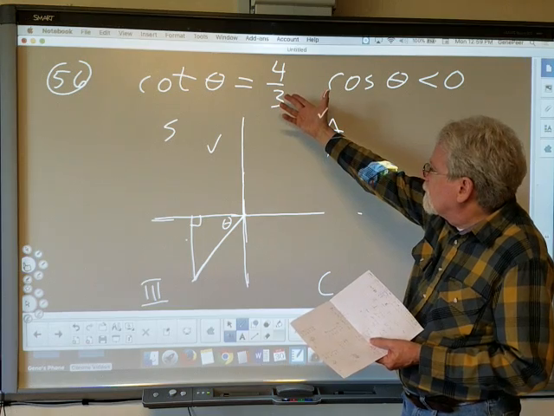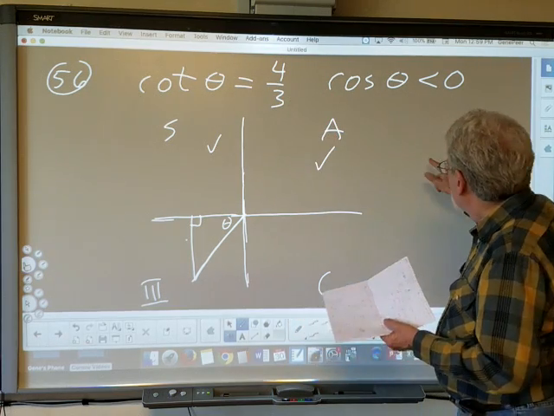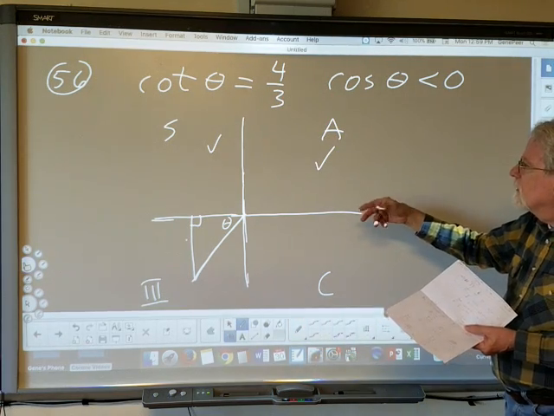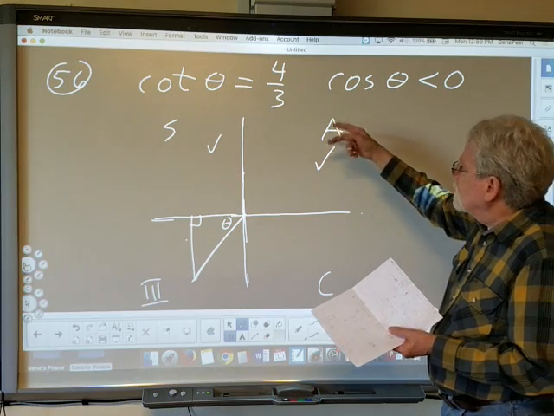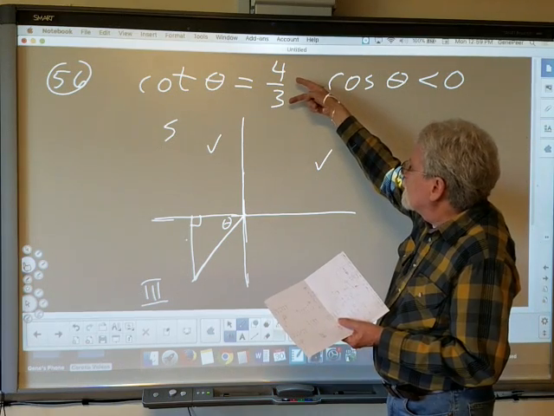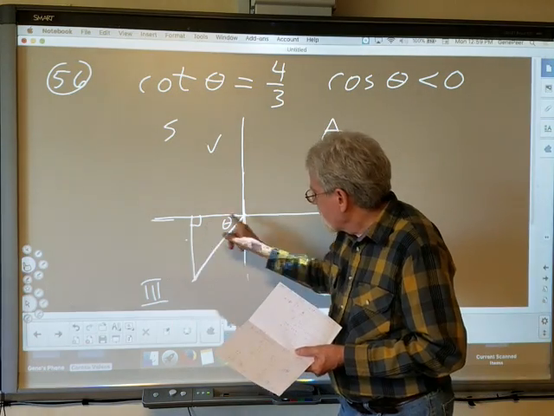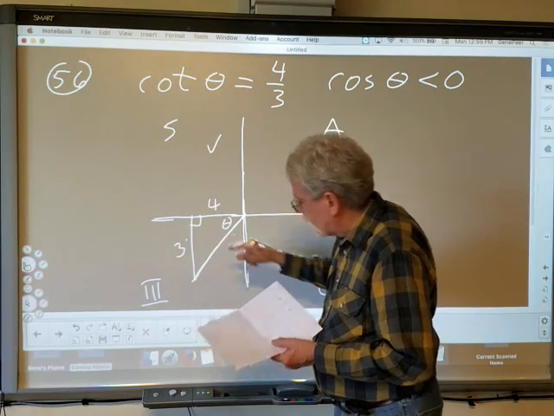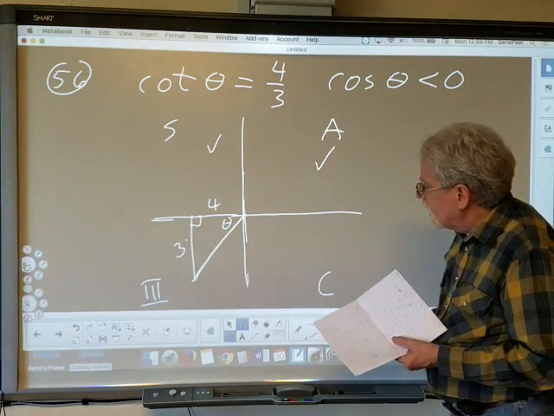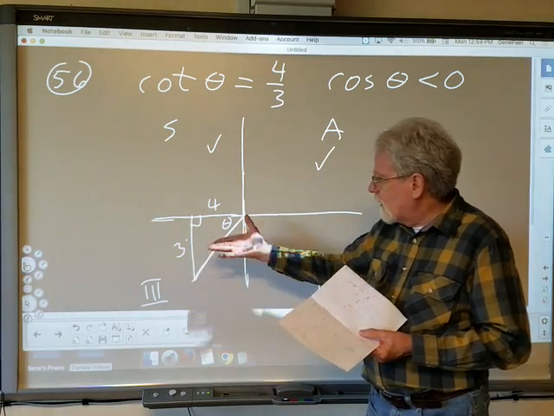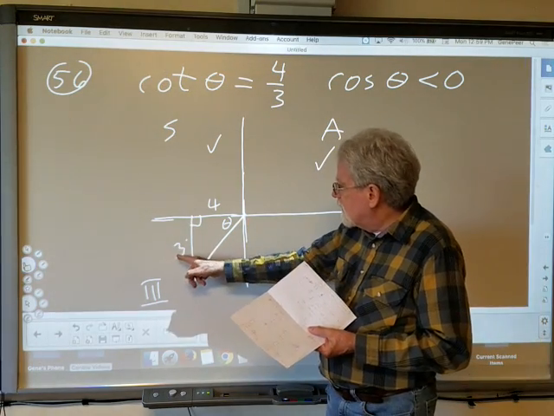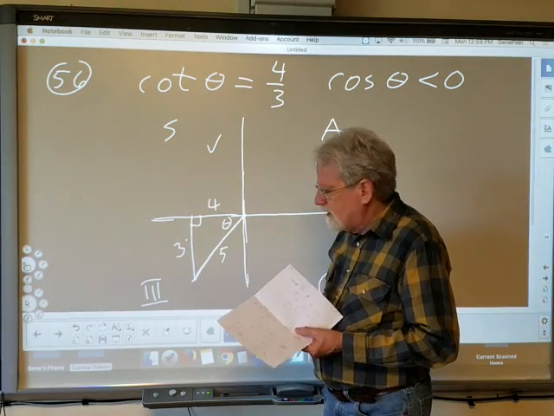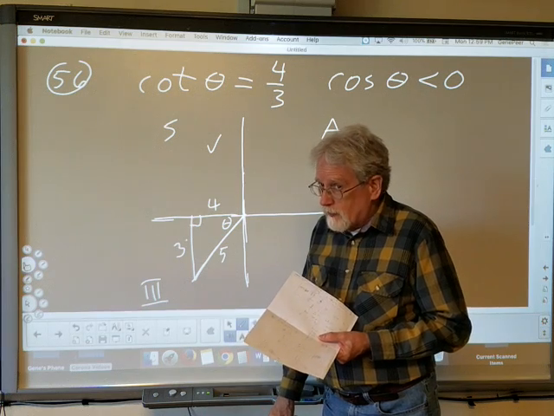Cotangent is 4/3. So, again, reciprocal of tangent. Opposite over adjacent would be 4/3, would be 3/4. So opposite over adjacent is 3/4, and that looks a whole lot better now. And that becomes much easier. No Pythagorean theorem required, because we know if we got 3 and 4, this has to be 5. I don't know where that -1 and -1 came from.